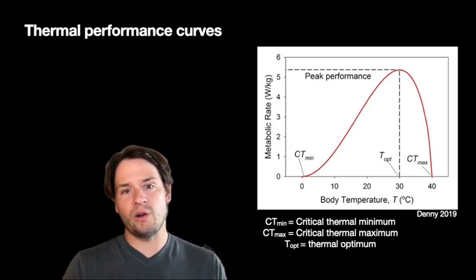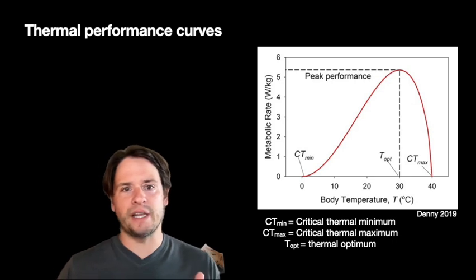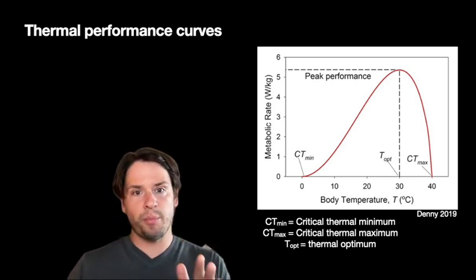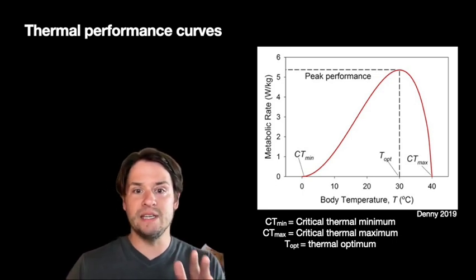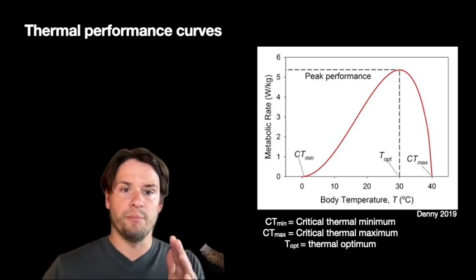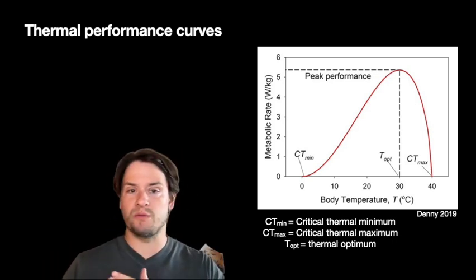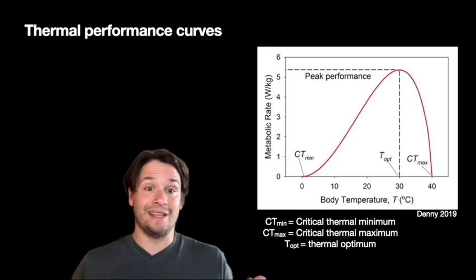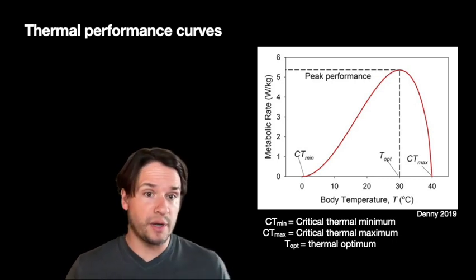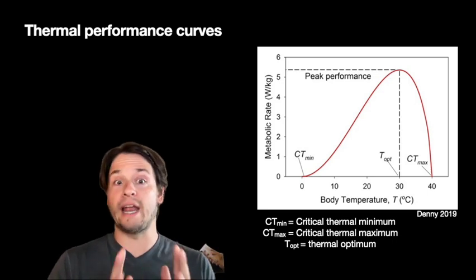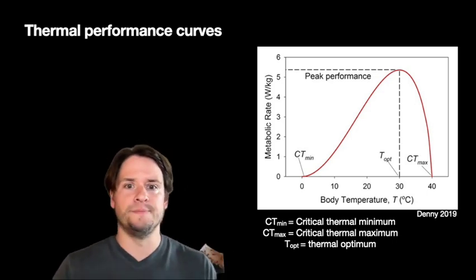So if you look here on the effects of body temperature on metabolic rate, we can think of the sort of 0 point on that as something called a CT min, or critical thermal minimum. So this is the minimum low temperature at which this process or aspect of performance just isn't happening at all. So this can be death, it can also be total loss of muscular function, but some very low end where we no longer get any performance of what we're looking at.